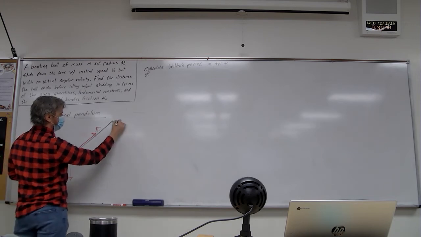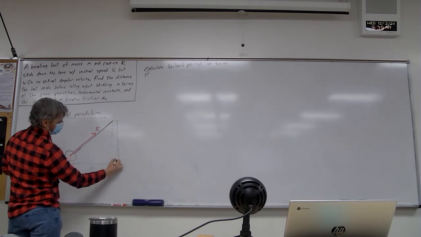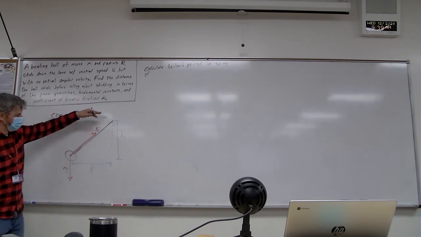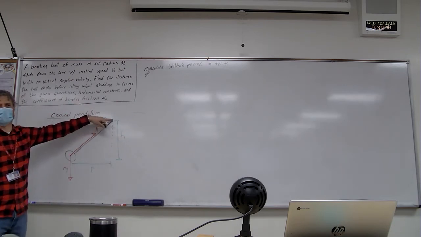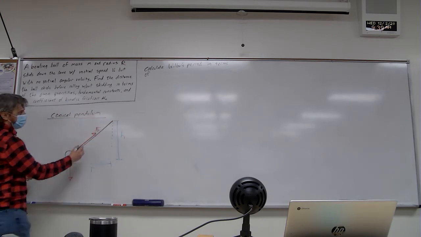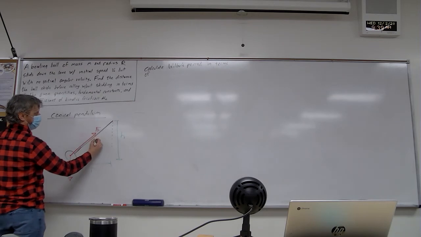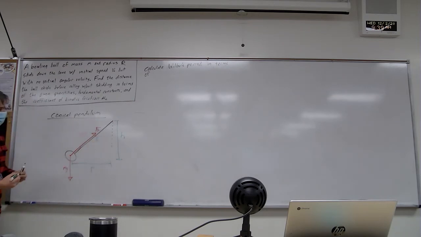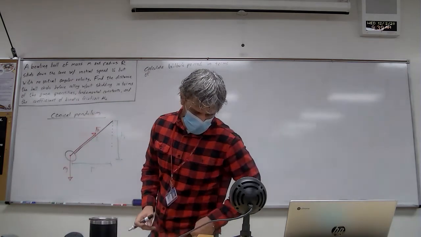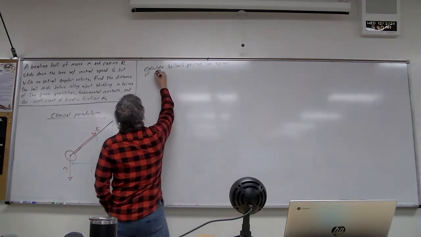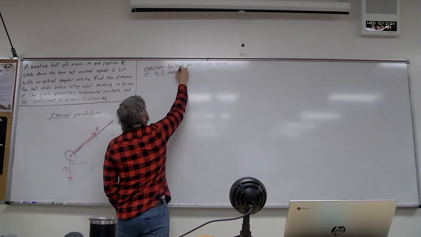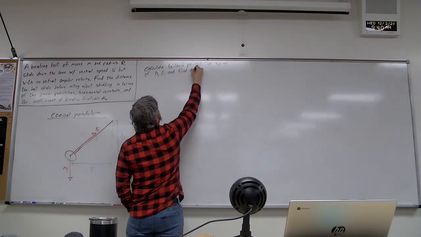I'm gonna say that Wilbur is this height, call that h. The height of the pivot point, essentially, the connection point above where Wilbur actually is. And then I'll call the length of the pendulum L. Okay. And let's say the problem says calculate Wilbur's period in terms of h, L, and any fundamental constants.